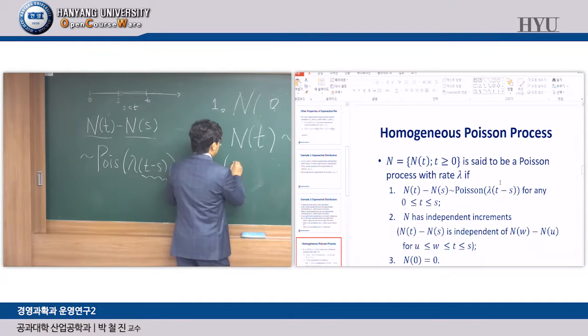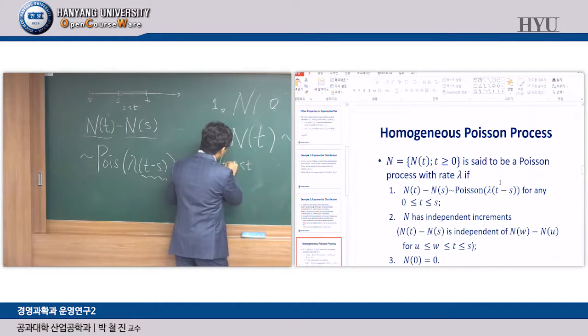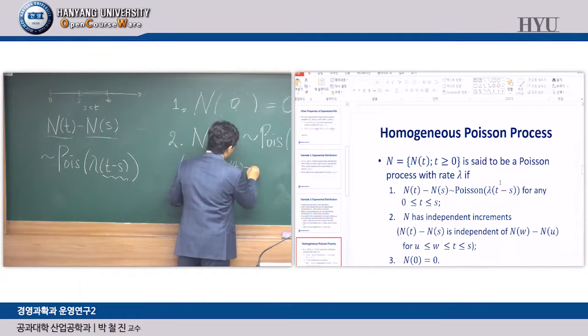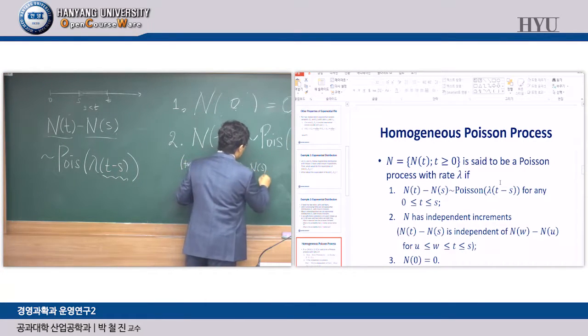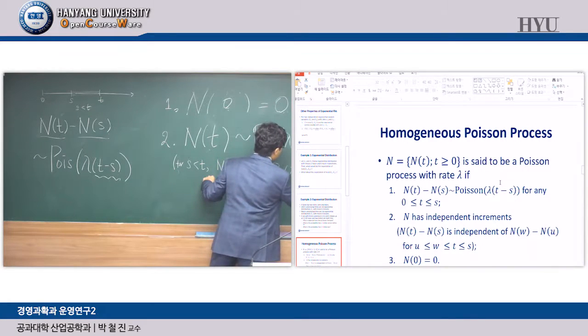For s and t, s is less than t, N of t minus N of s follows Poisson with rate lambda times t minus s.